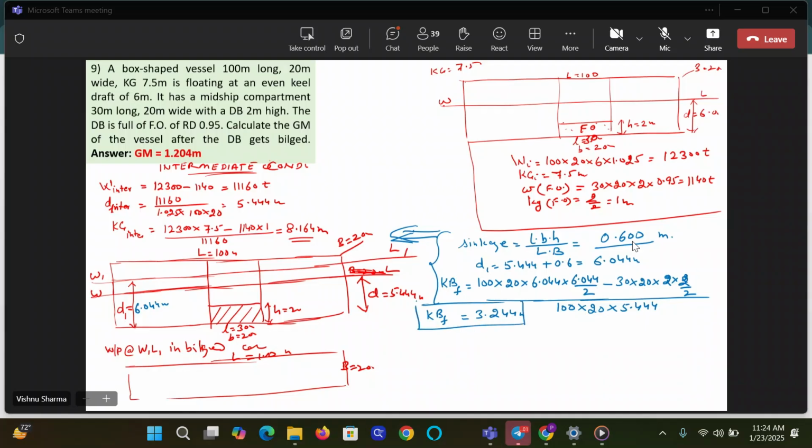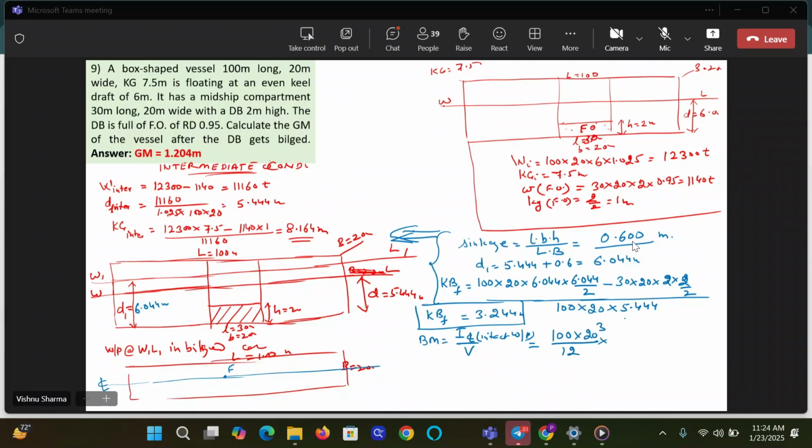Now we go to the water plane at W1L1. We have fully intact. This is the center line. So BM will be I CL of the intact water plane, the full water plane is intact, upon volume of displacement. It will be L B cube, 100 into 20 cube by 12, divided by volume of displacement.